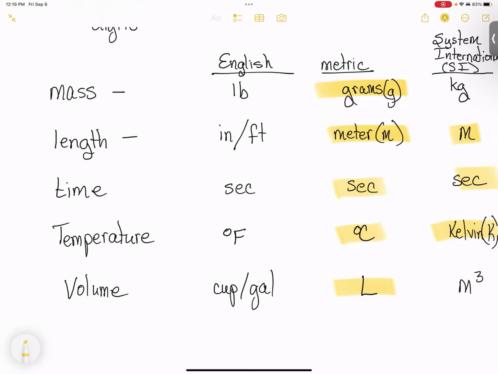Again, consider the 1s to be exact quantities with unlimited number of significant digits. Therefore, the 1 is not going to impact the number of significant digits you record in your answer because they have an infinite number of significant digits. So only the other half of the equality do you have to worry about with respect to significant digits.